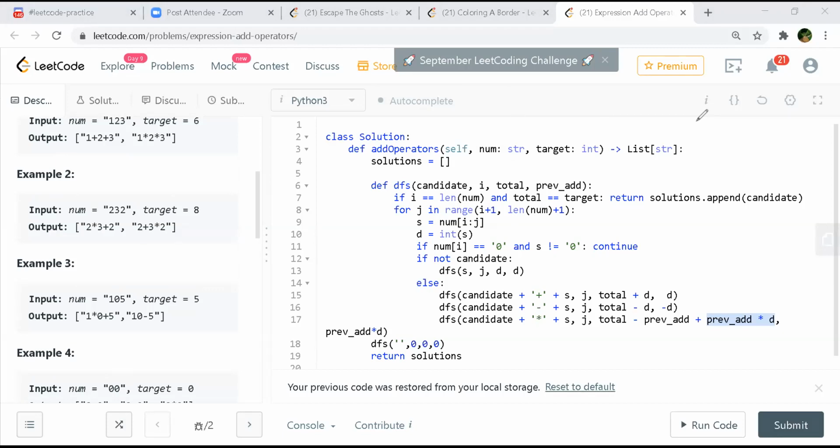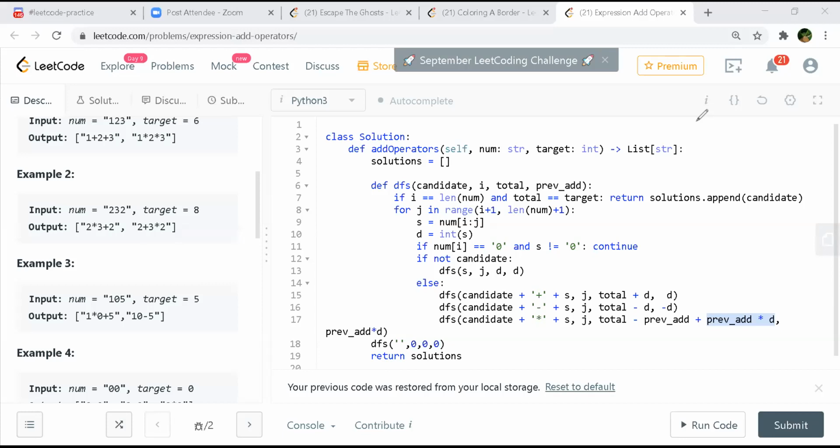For line 15, that will be the first plus case. So first time it will be 2 plus 3, and we have reached 5.